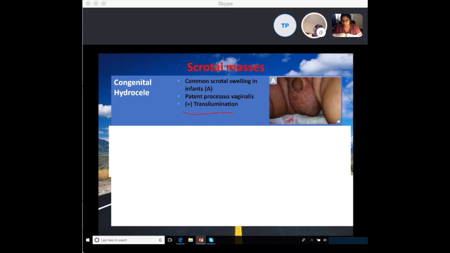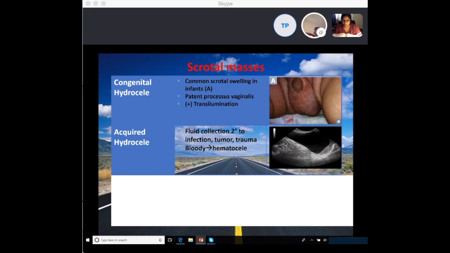It's most commonly a swelling in infants due to a patent processus vaginalis. It's normally benign, and reassurance is basically what you do with the parents. Just say that it'll spontaneously regress.